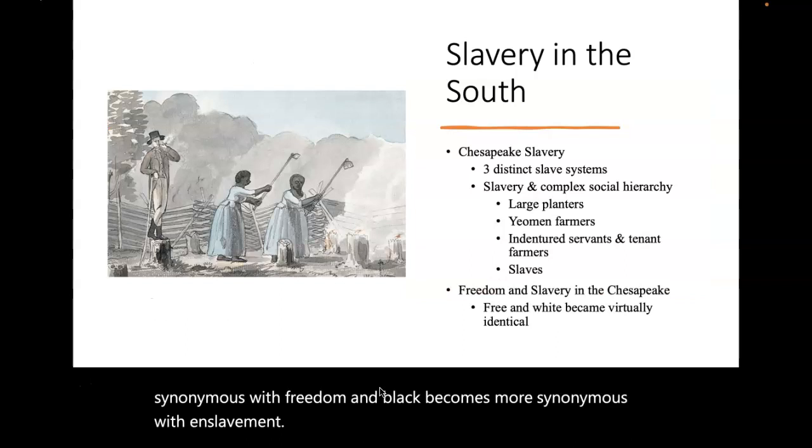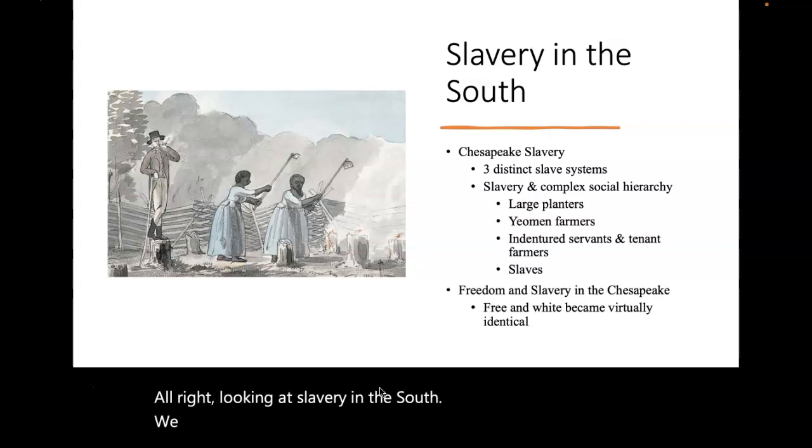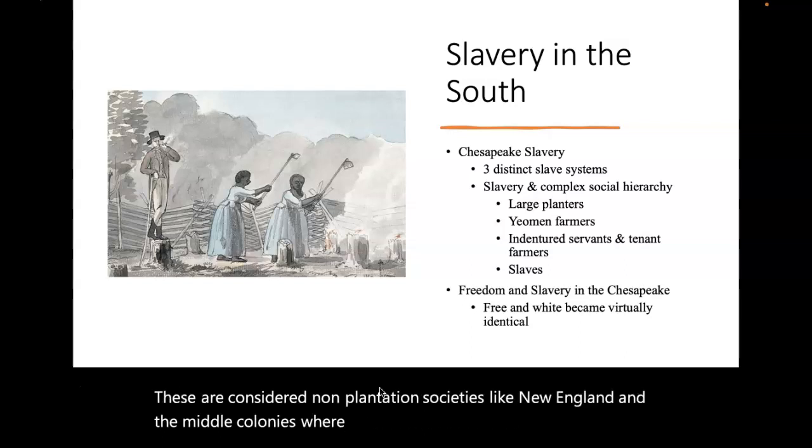All right, looking at slavery in the South, we see three distinct slave systems. In the North, these are considered non-plantation societies like New England and the Middle Colonies, where slavery is few and far between.